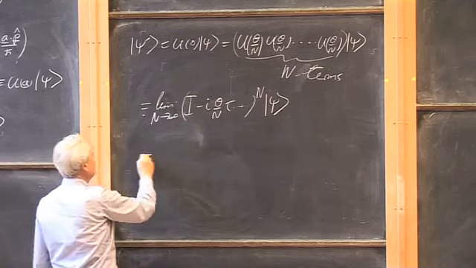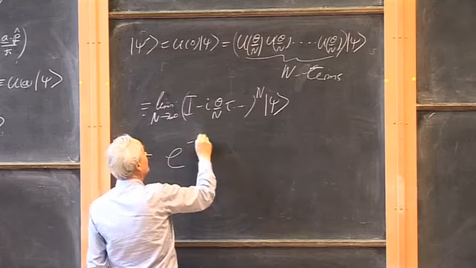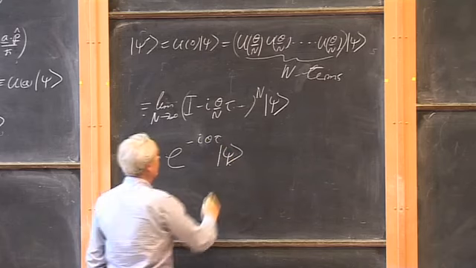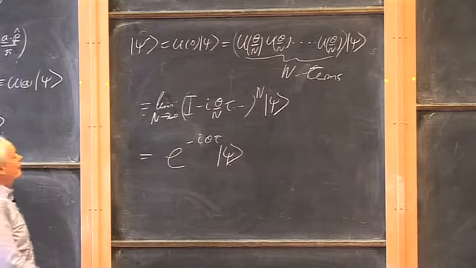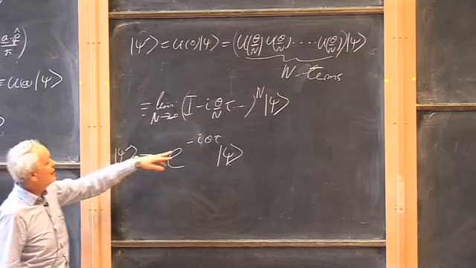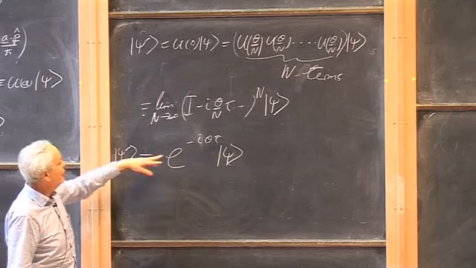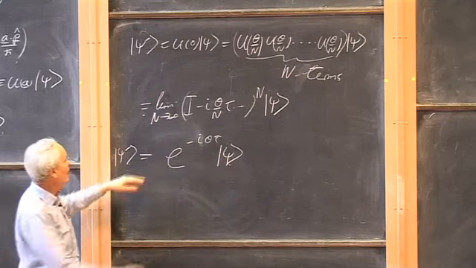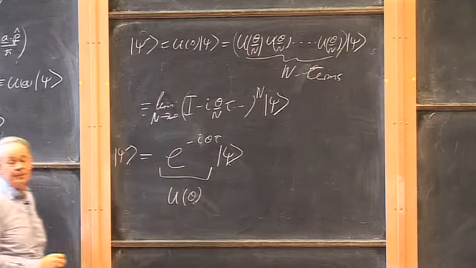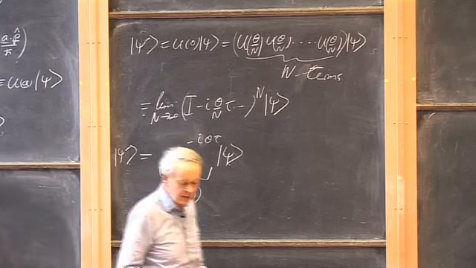So this mathematics now tells us that this is the exponential of minus I theta tau operating on a psi. So we introduced tau as the first order Taylor series term, but this apparatus tells us that that's all we need to know in order to find out what u of theta is for any theta. Which is, I think, slightly surprising. You don't need to know anything in the higher orders.